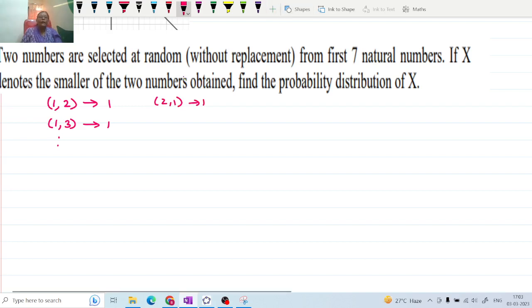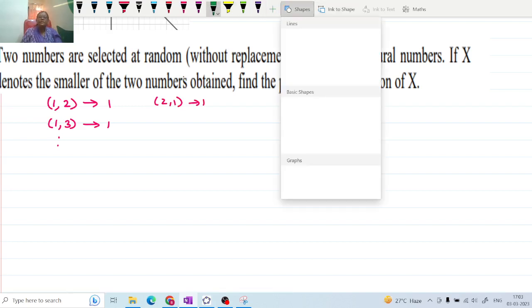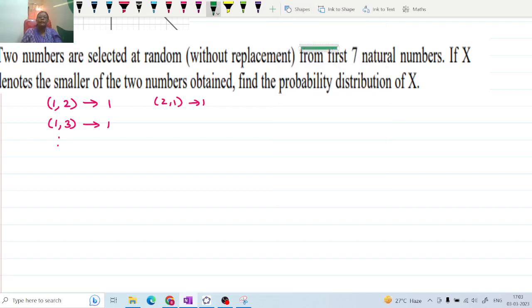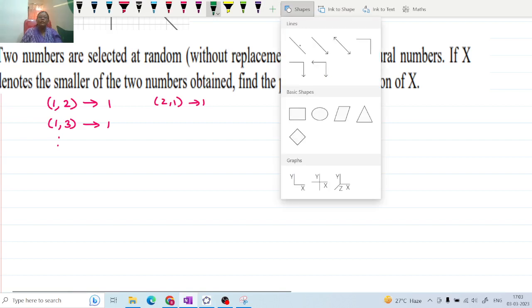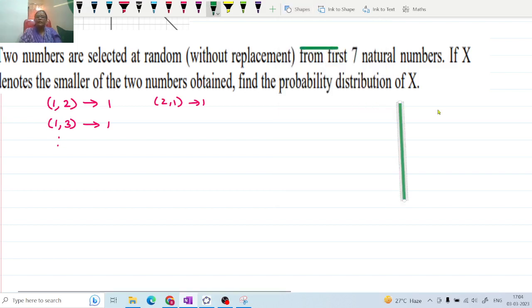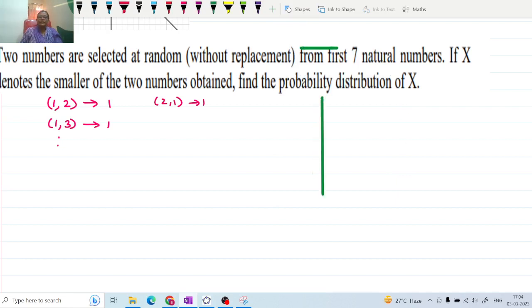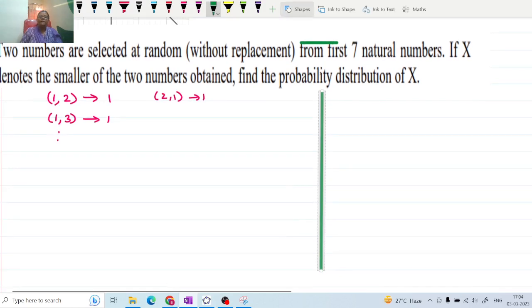Now, what I advise my students, if you have such questions, is to take the help of a table. A table is just drawing horizontal lines and vertical lines. There is one horizontal line, likewise a vertical line, and likewise another horizontal line.